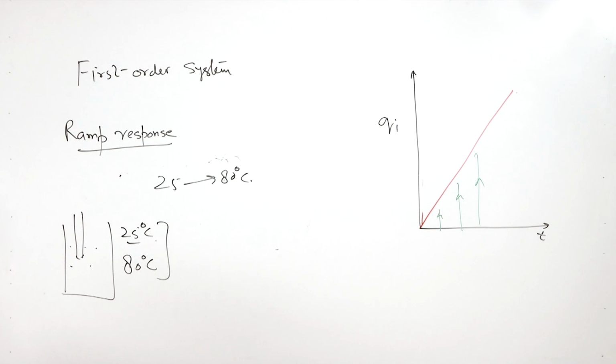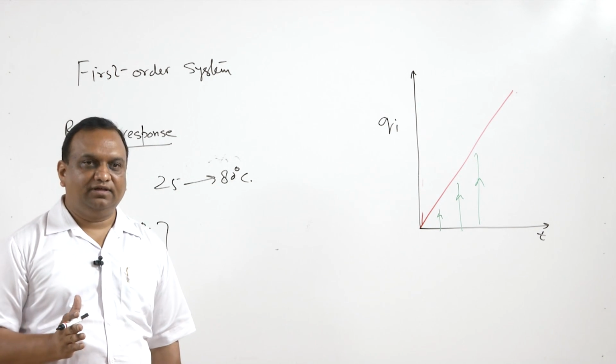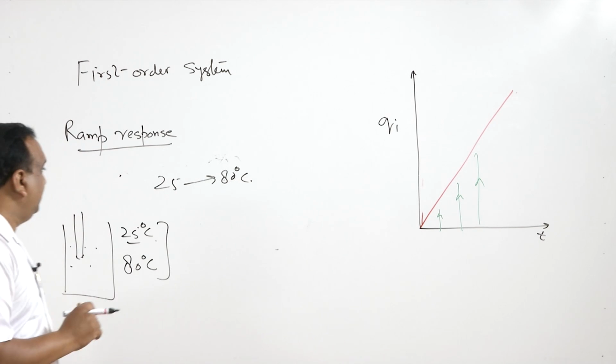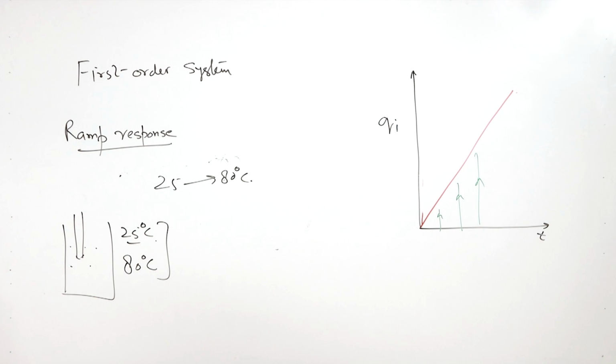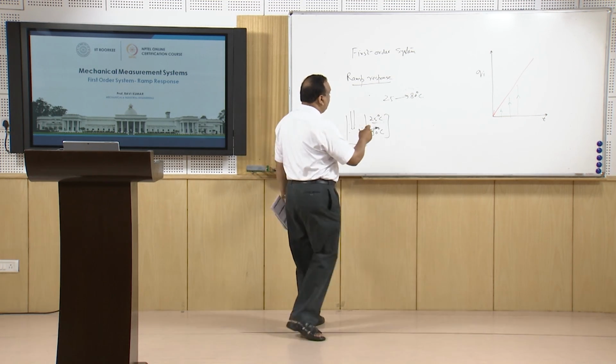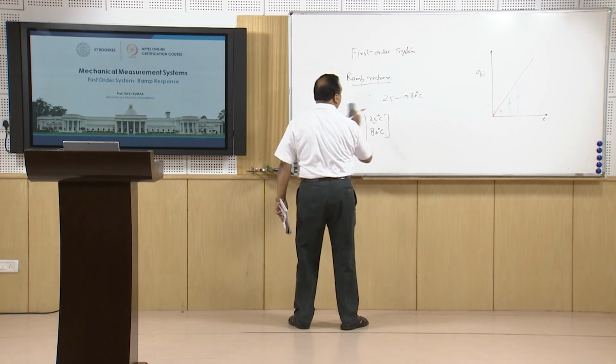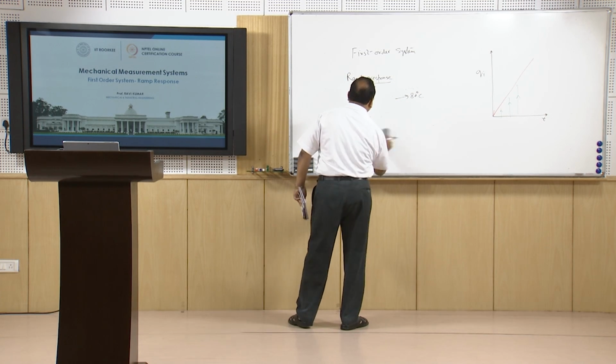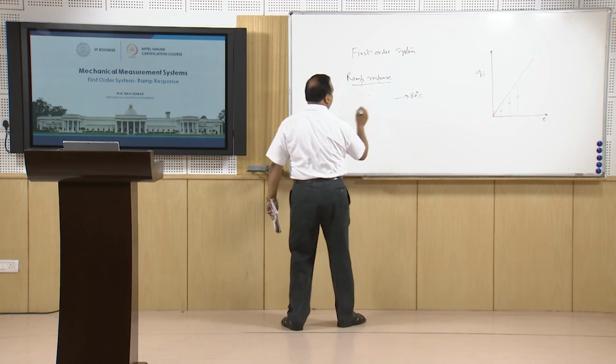In 8 seconds, or 80 seconds, or 800 seconds? That will decide the rate of loading. And vice versa, if we have the rate of loading, we can find the instantaneous input to the system. Suppose, for the sake of convenience, let us take 0 to 80.